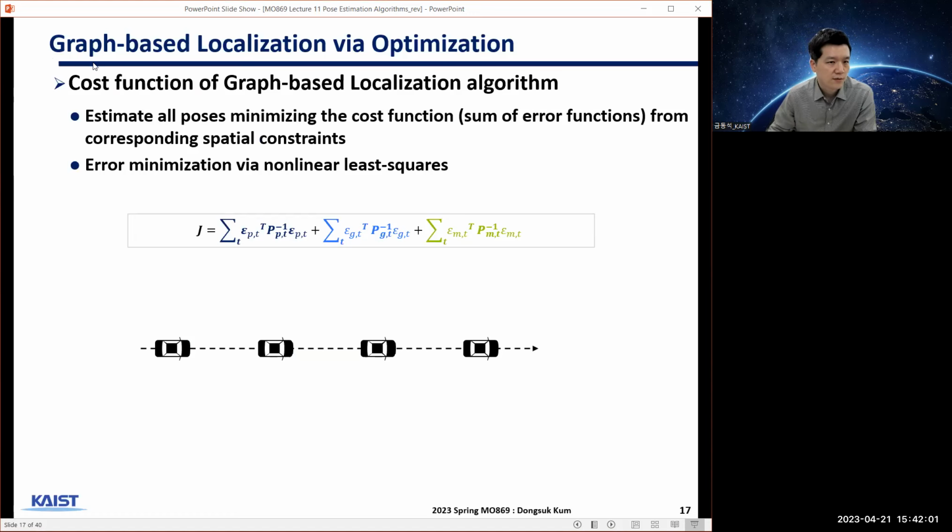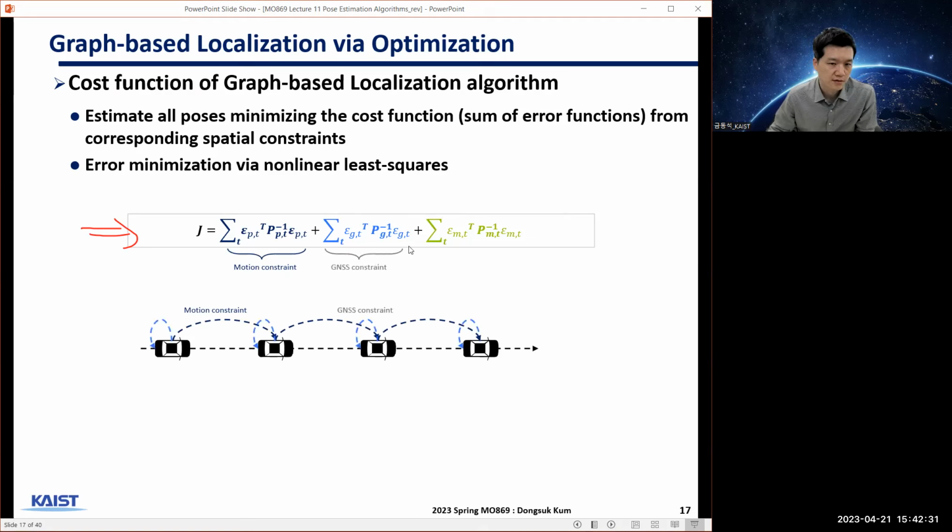So graph-based localization via optimization goes as follows. We need to construct a cost function where the first term is the motion constraint or motion cost term, the second is the GNSS term, and the third term is the map matching term.